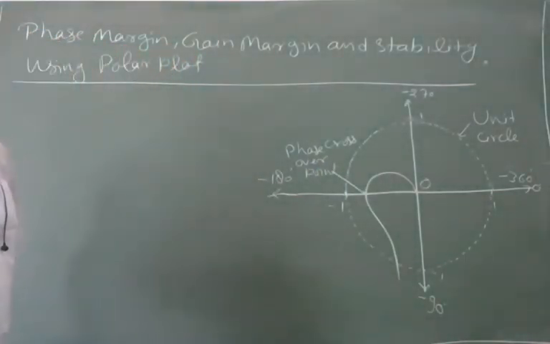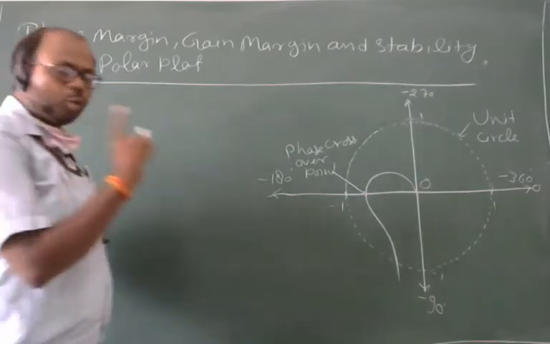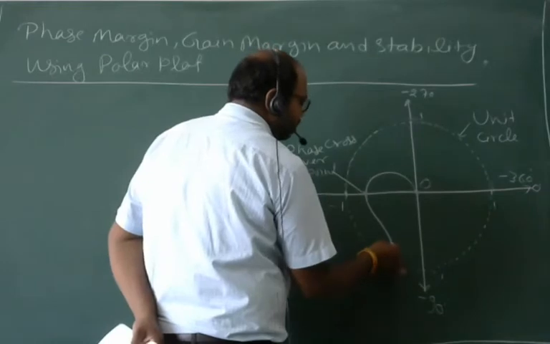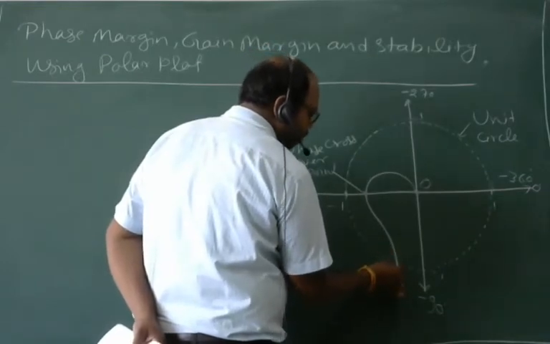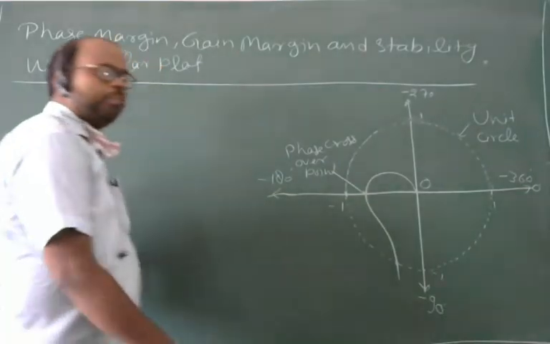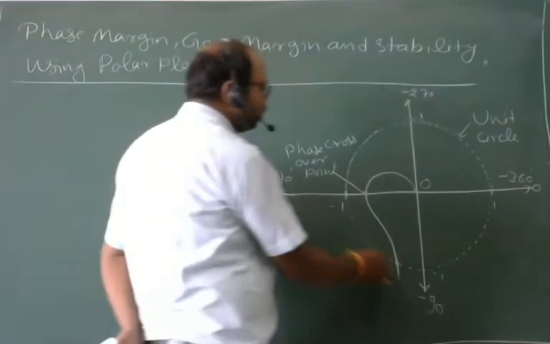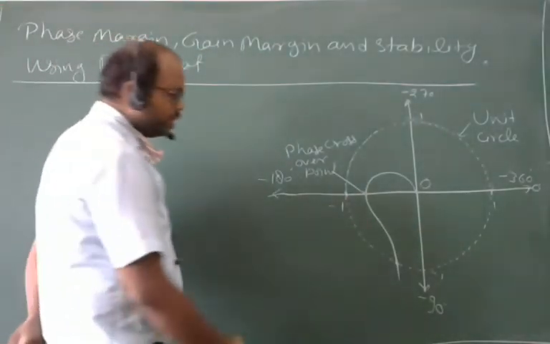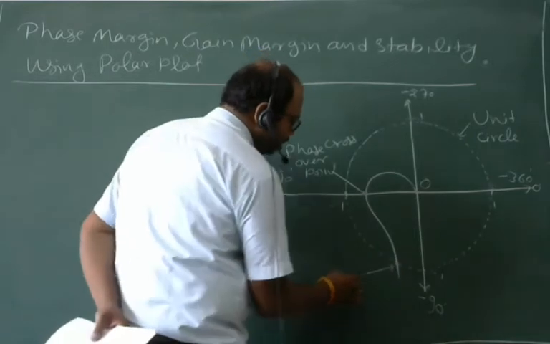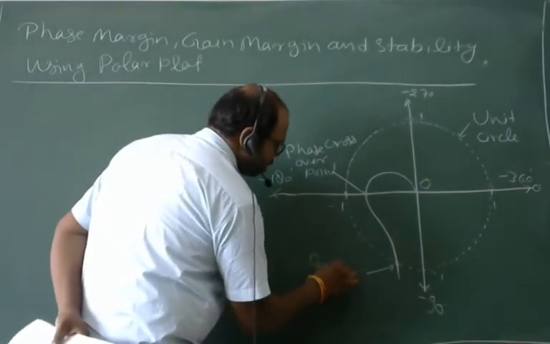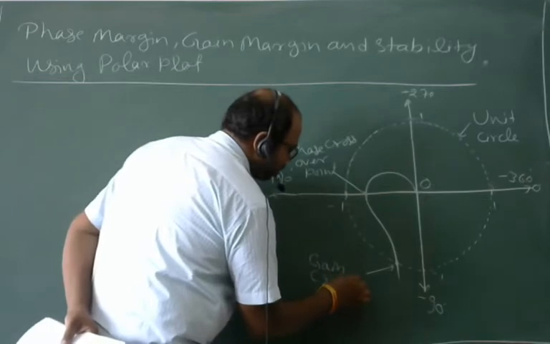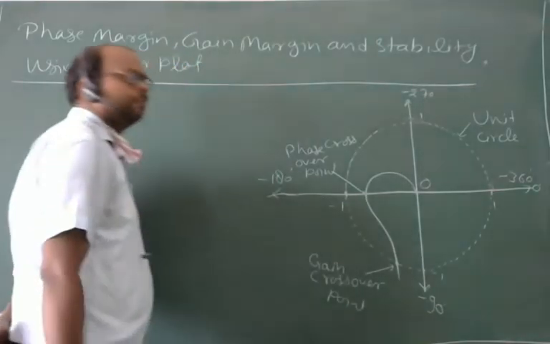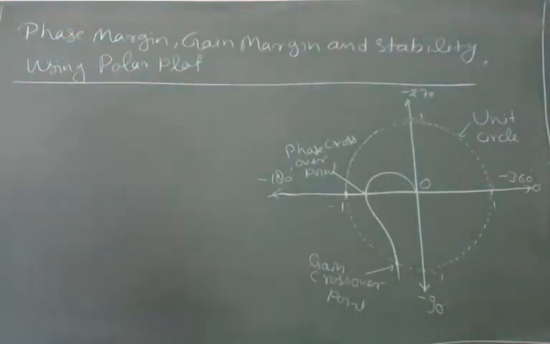Phase crossover point. And the point where this unit circle crosses the polar plot is called gain crossover point.